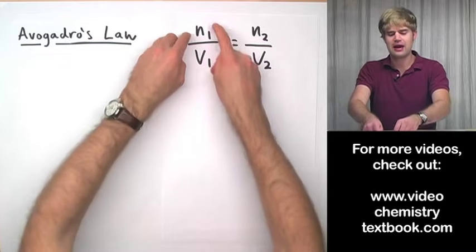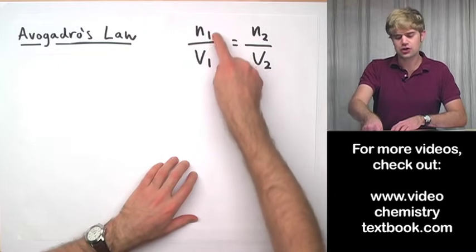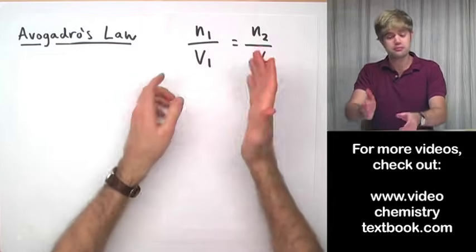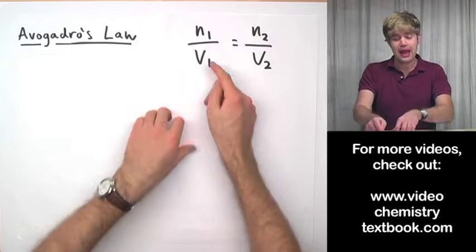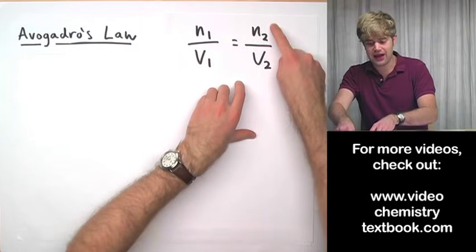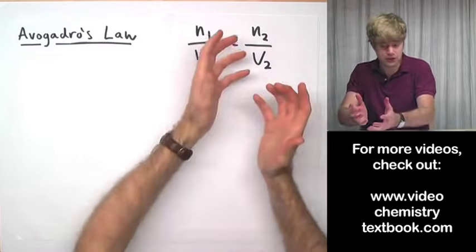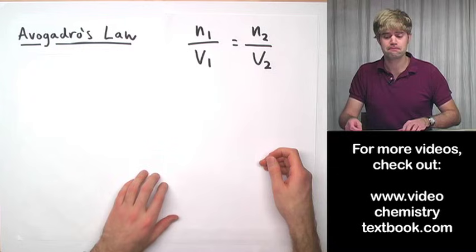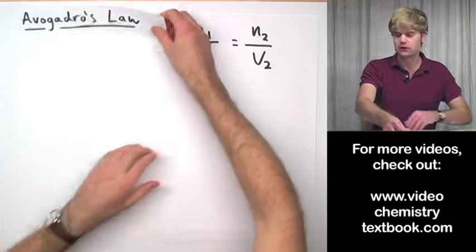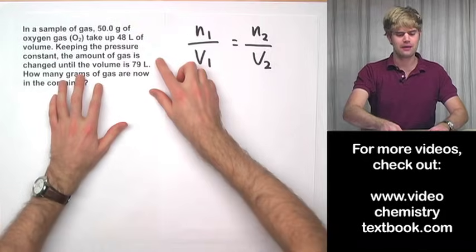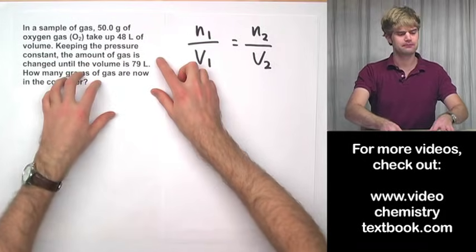It assumes that I have an initial amount of gas and an initial volume, that's before the change, and then the amount of gas and the volume change after I do something to it. Okay?